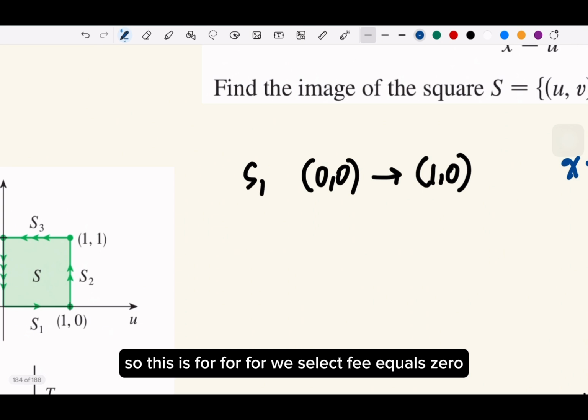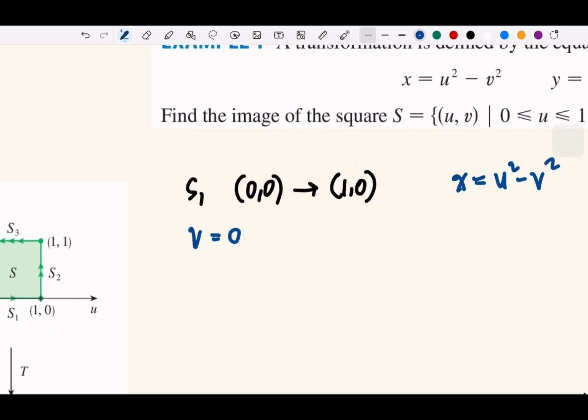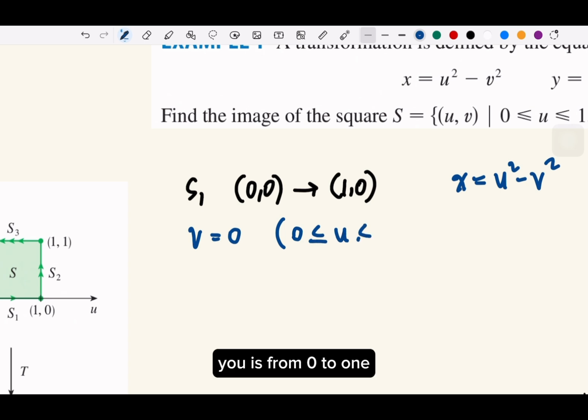So let V equal 0, and then U is from 0 to 1.